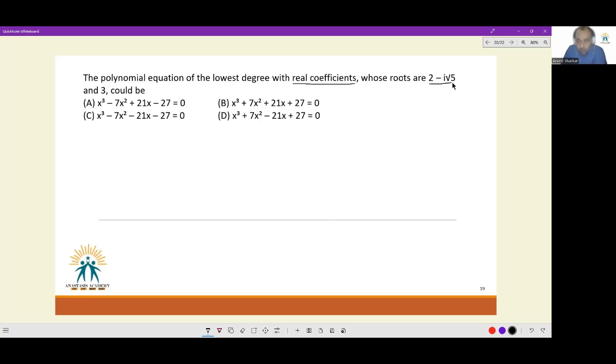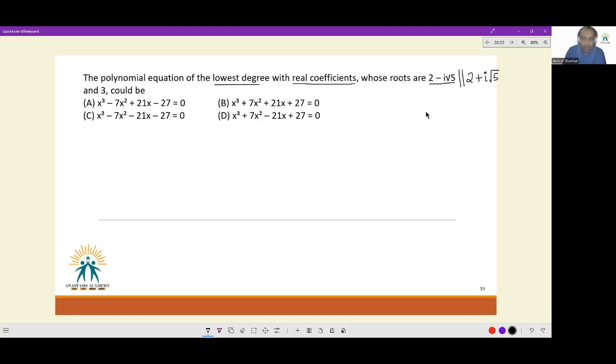So if one root is 2 minus i root 5, there is also going to be another root which is 2 plus i root 5. These two are going to exist most certainly. Now we have to figure out the third root. Lowest degree, 3 roots.